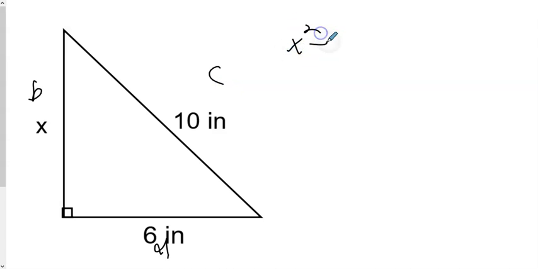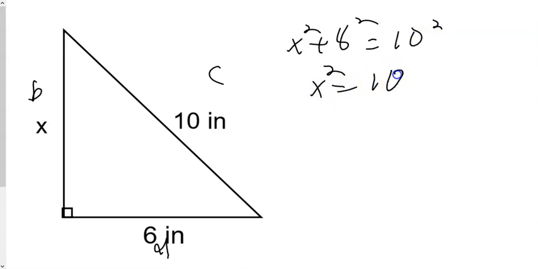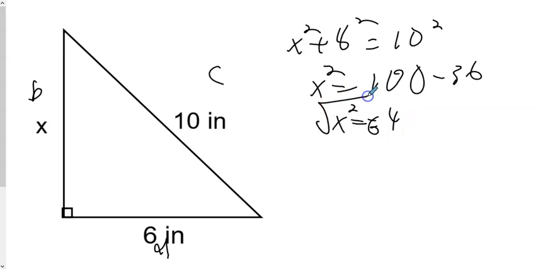So x squared plus 6 squared equals 10 squared. So that's x squared equals 100 minus 36. X squared equals 64. Square root both sides. X is 8, which is less than my hypotenuse, which makes sense. Now we're done.